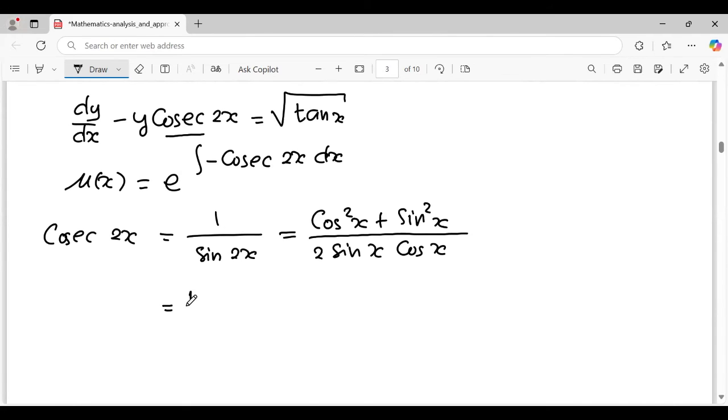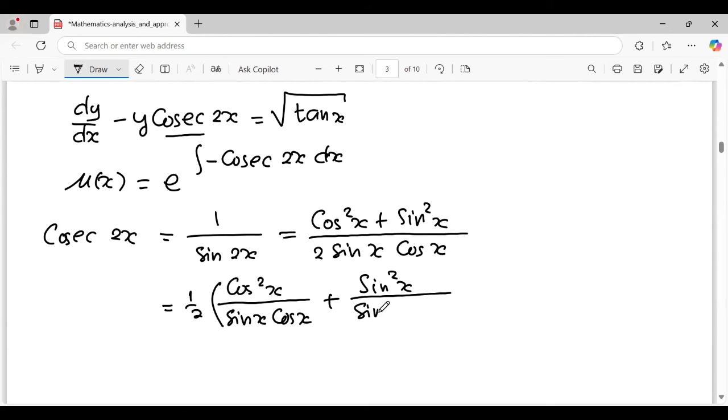And it is half times cosine squared x over sine x cosine x plus sine squared x over sine x cosine x.